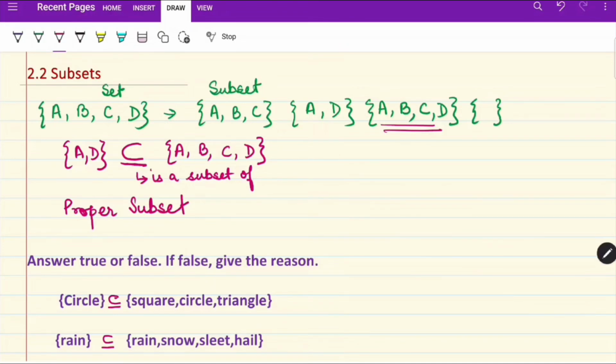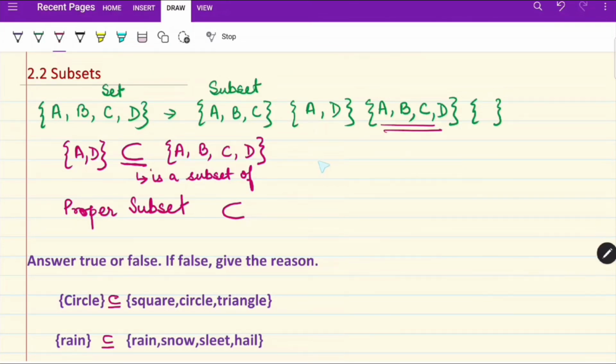All subsets would be included except the set itself. And that's what makes it a proper subset. The symbol to denote a proper subset is just a right facing U. It doesn't have the line underneath it that represents a subset. So that's the difference in the notation between a subset and a proper subset.